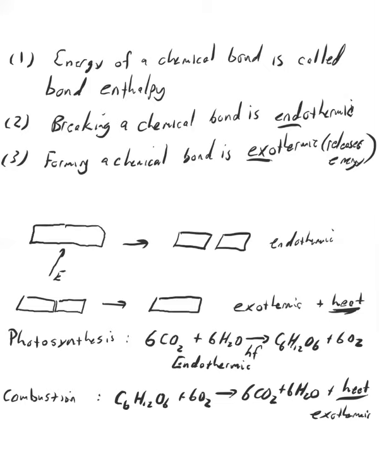So if you look at this as an exothermic process right here, essentially what happens is when this reaction occurs, you're breaking a bunch of bonds here, and then you're forming bonds here.